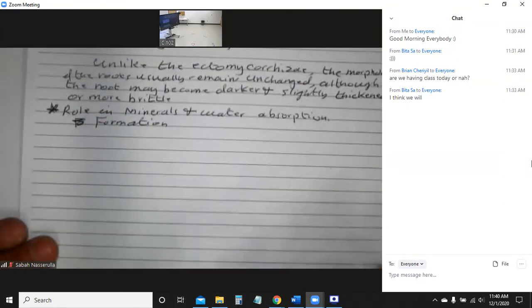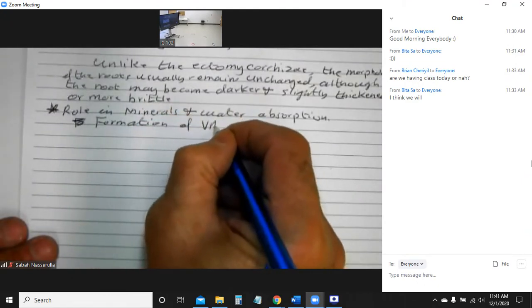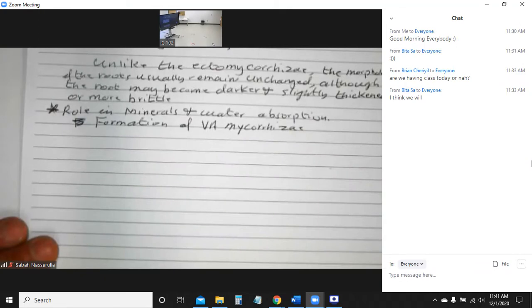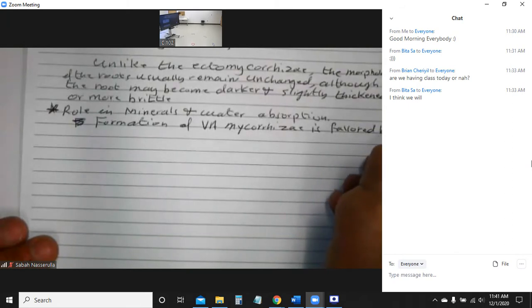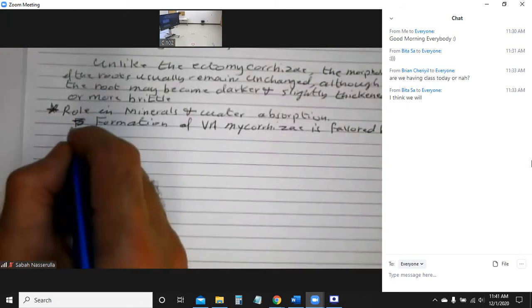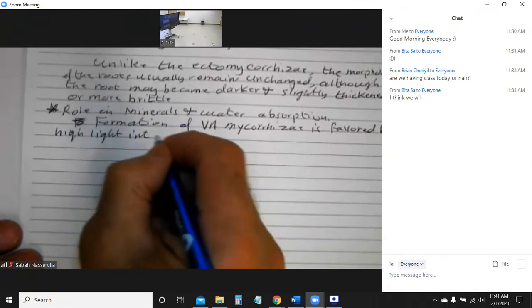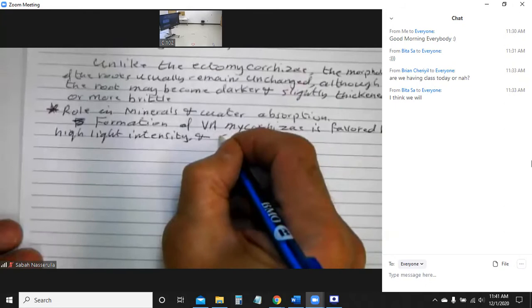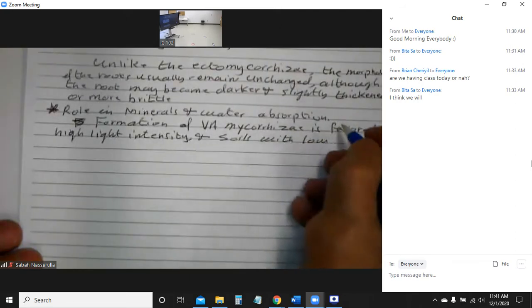Formation of vesicular arbuscular mycorrhizae, but I'm going to use the abbreviation VA mycorrhizae, is favored by high light intensity and soils with low fertility.